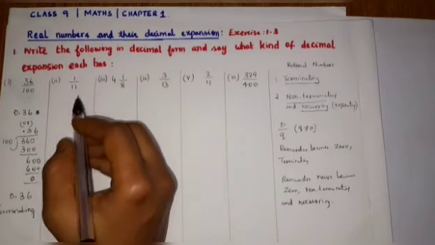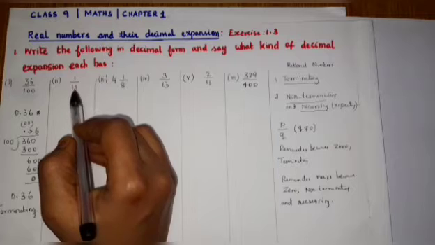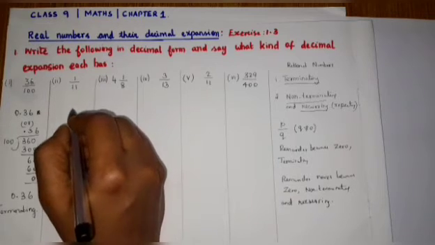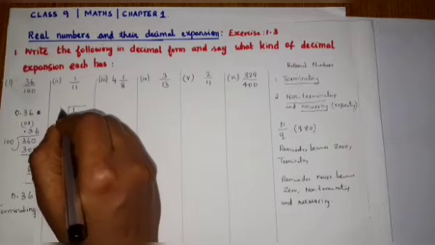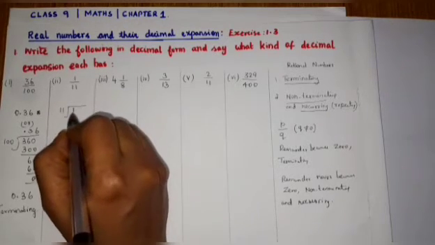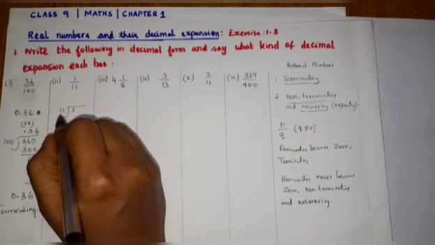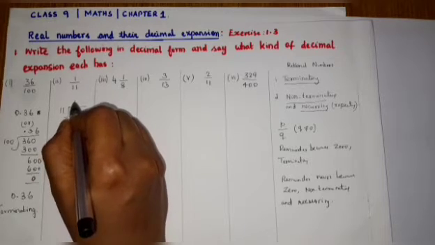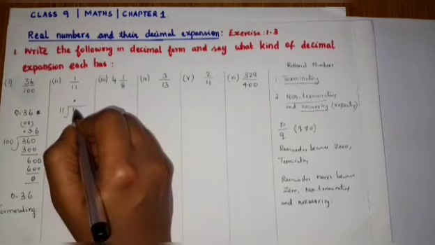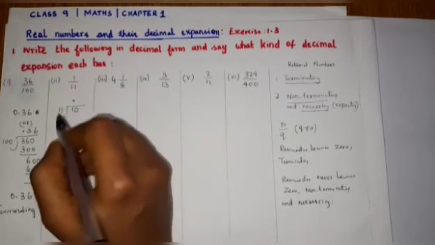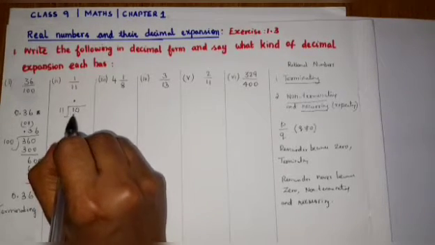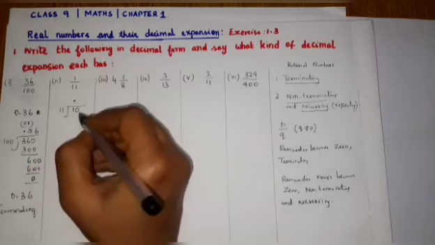Next problem is 1 by 11. So you have to divide 1 by 11. Since 1 is less than 11, you keep a point in the quotient and you add 0 to the right of the number. Here you see 10 is less than 11.